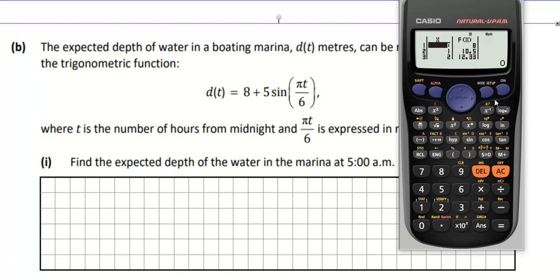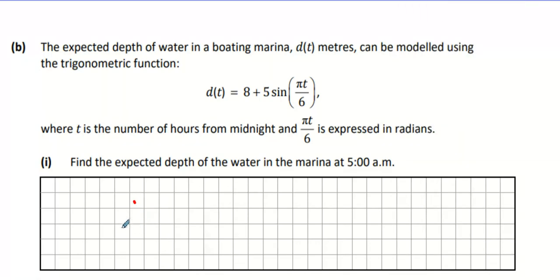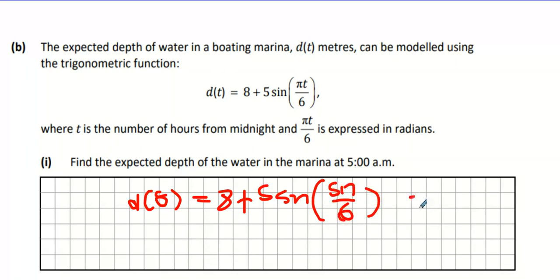It does. After 5 hours, my depth is 10.5. So get this. It's going to be d of t, so it's going to be d of 5, and you're replacing in 5 for the t value. Now, my calculator has already done this for me. It's going to be 5 pi over 6, and the answer is 10.5 meters.